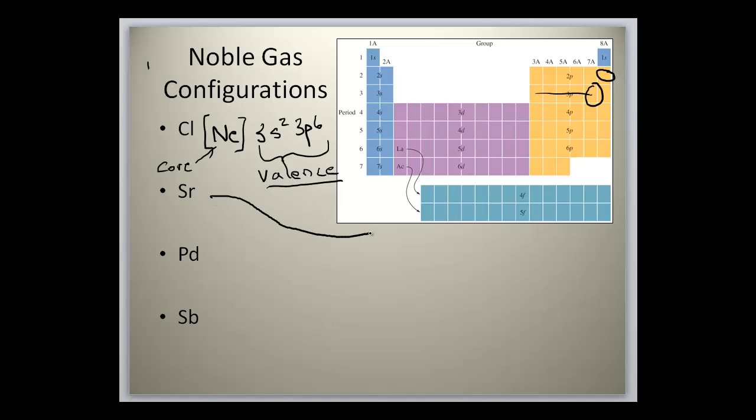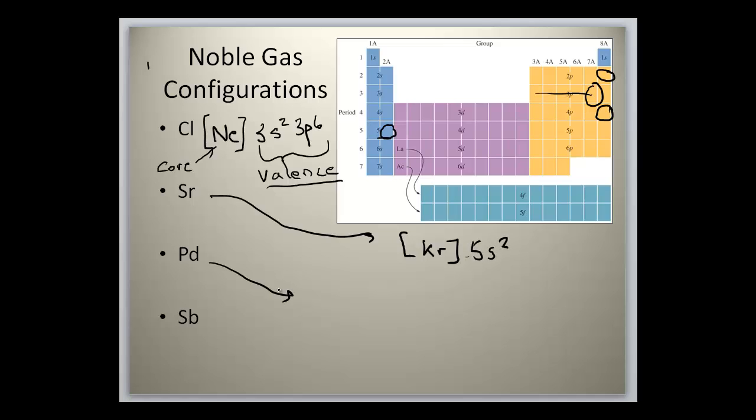Alright, so let's take a look at strontium. Strontium is located there. So the previous noble gas would be that one, which is krypton. So we would say, take the electron configuration for krypton and add 5s2.